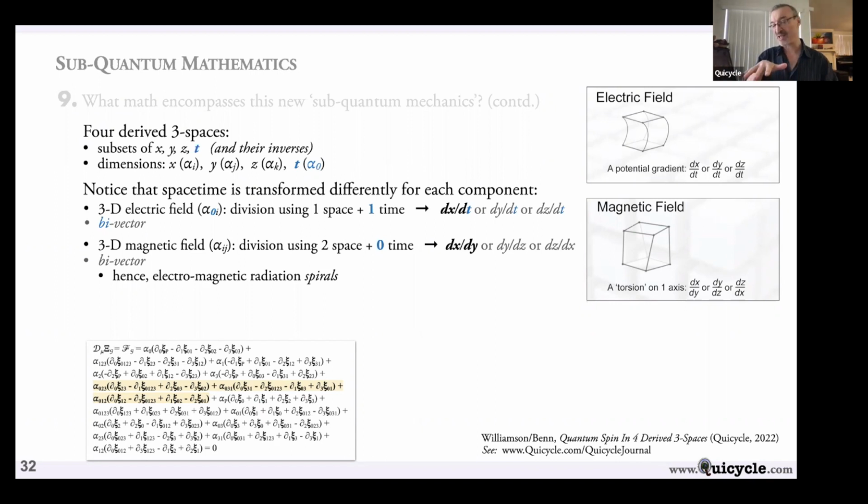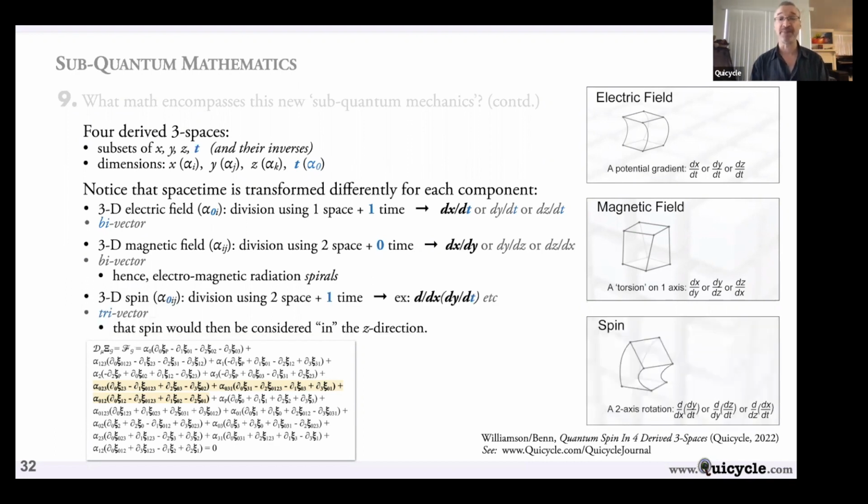So it's almost like space-time is getting a twist bias thrust upon it by the presence of a magnetic field. And what I really like is that when we combine these two bivectors, assume you have a dz by dt moving forward and a dx by dy is a planar rotation orthogonal to that, which means if you combine them, you're going to get a spiral of an electromagnetic photon, which I think is a very intuitive way to think about it.